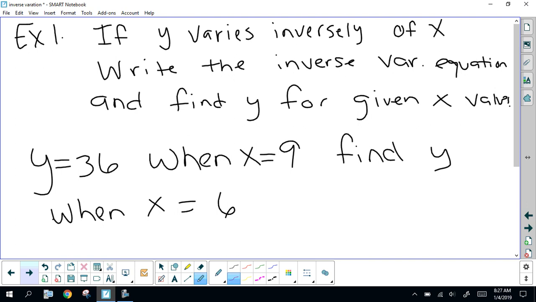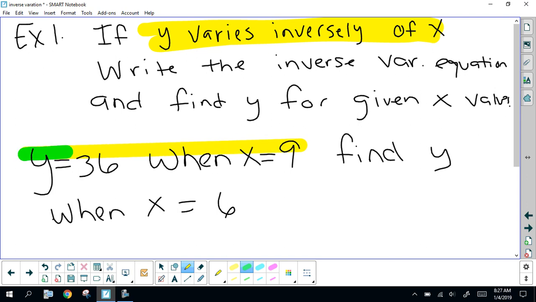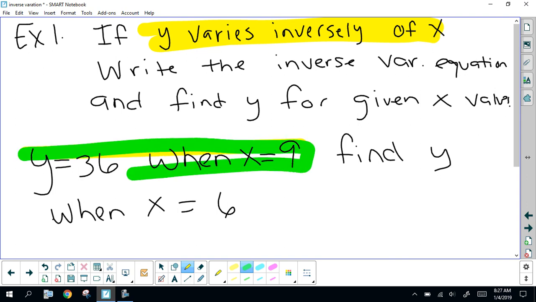So what you're going to do first is look at a few key things. Y varies inversely with x. That tells me I'm doing an inverse variation. This part is a given.